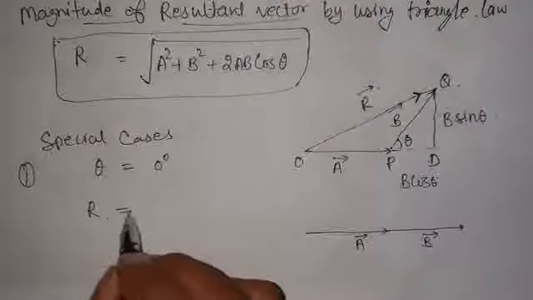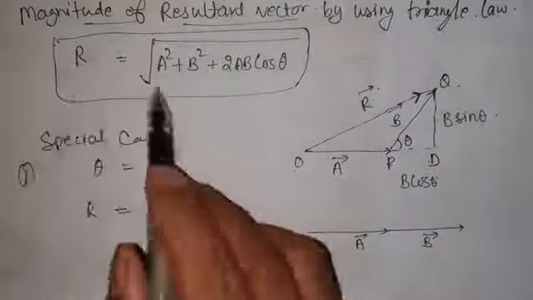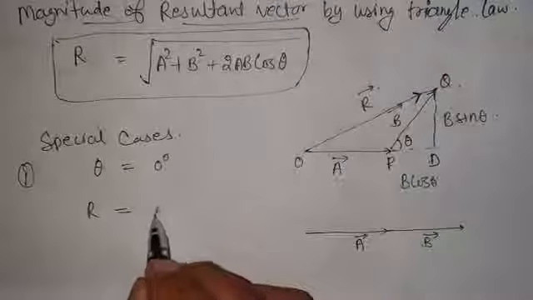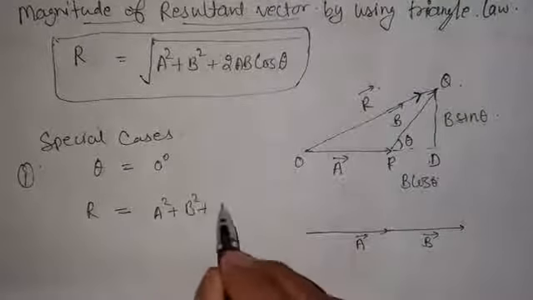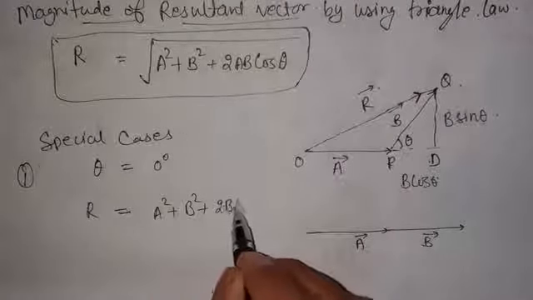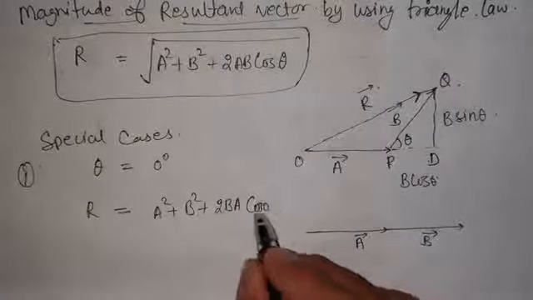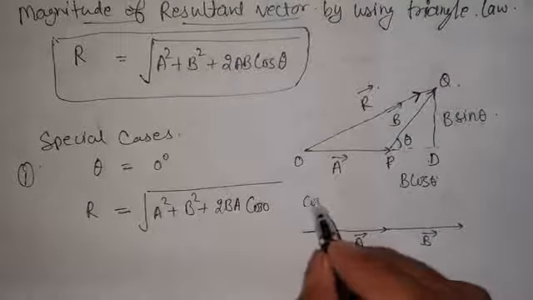Then what will the magnitude of the resultant vector come to? So put the value 0 over here. So you will get A square plus B square plus double of AB cos 0 is 1. Okay, cos 0 is 1.